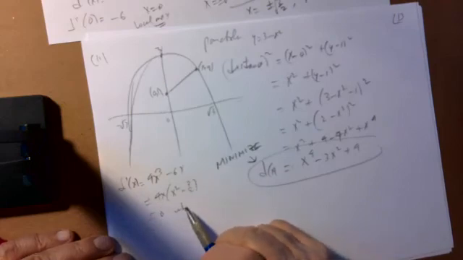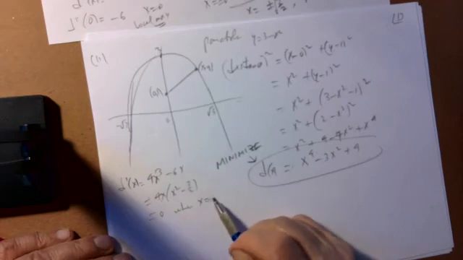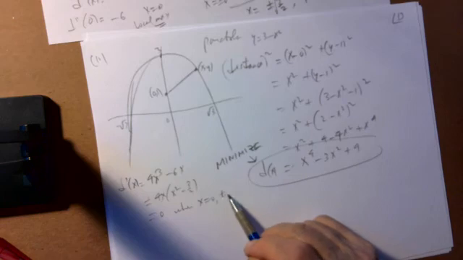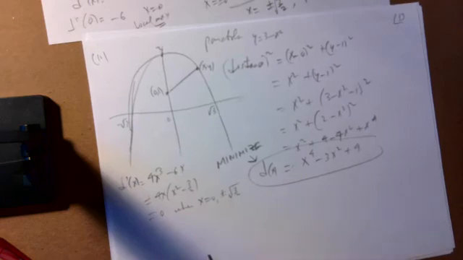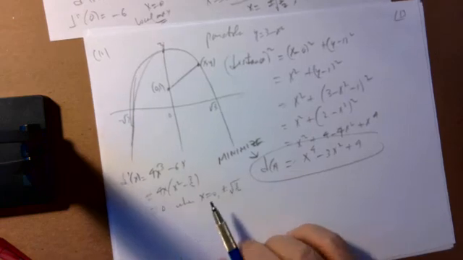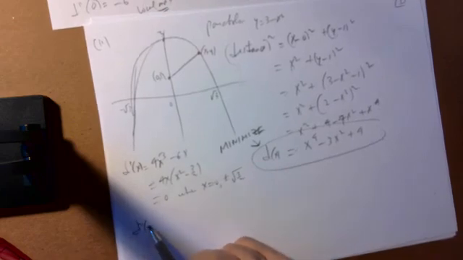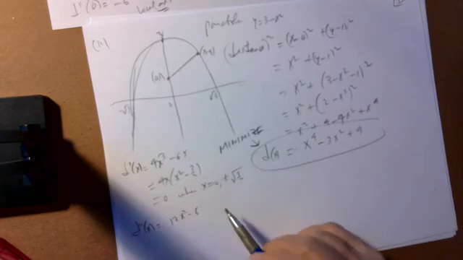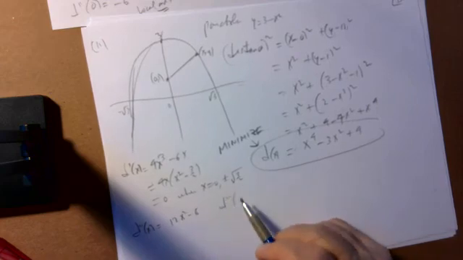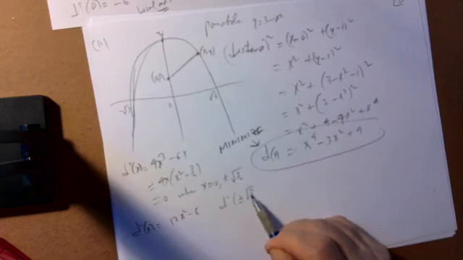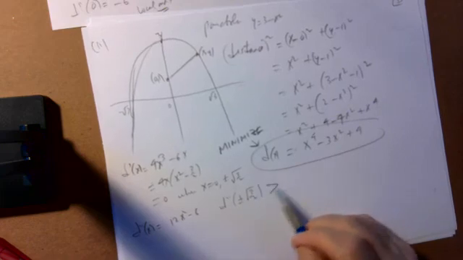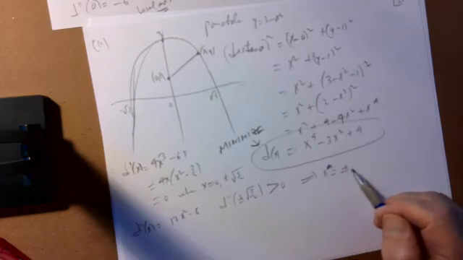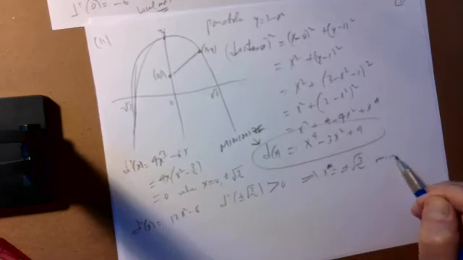So that equals 0 when either x is 0 or x squared is 3/2, which means x is plus or minus square root of 3/2. And then you have the second derivative, which is 12x squared minus 6. And the second derivative at either plus or minus square root of 3/2 is positive. So x equal plus or minus square root of 3/2 is a minimum.